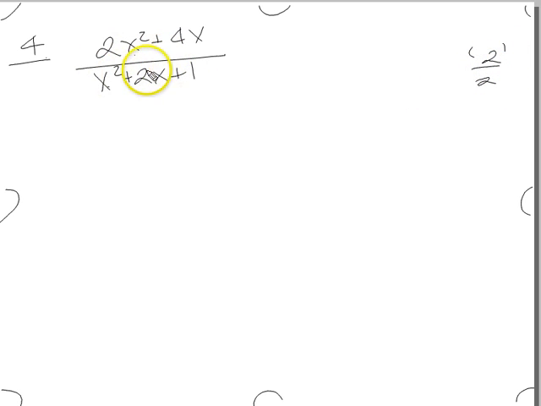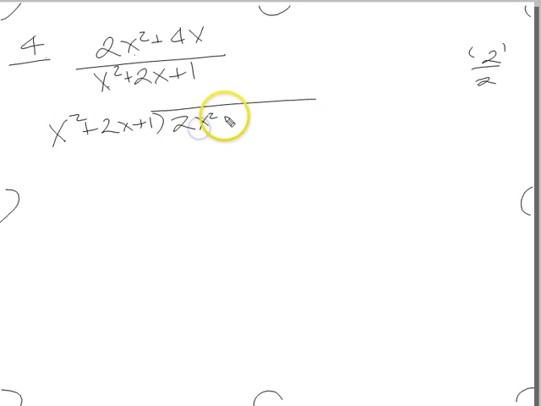So in order to get it into a proper fraction, we need to do division. So we divide x squared plus 2x plus 1 into 2x squared plus 4x. All we do here is look at the dominant terms and ask ourselves, the same every time, how many of these go into those?